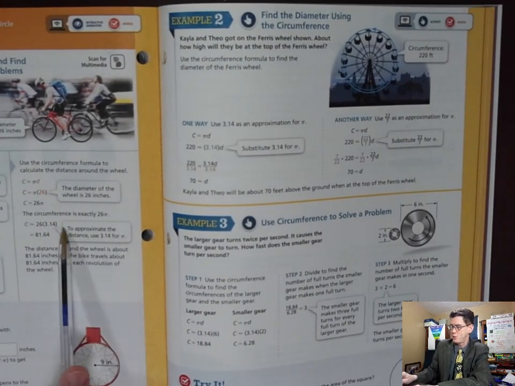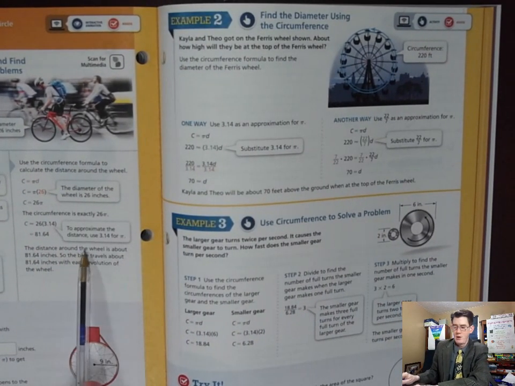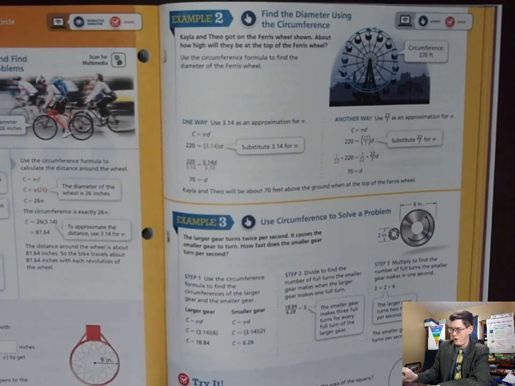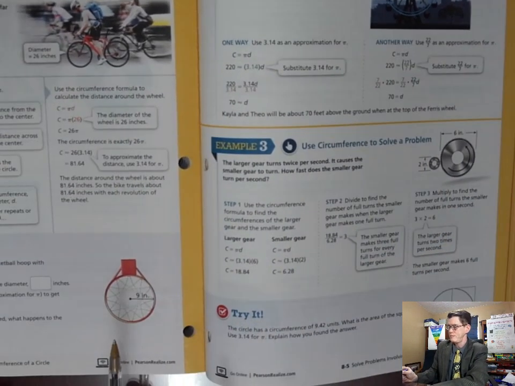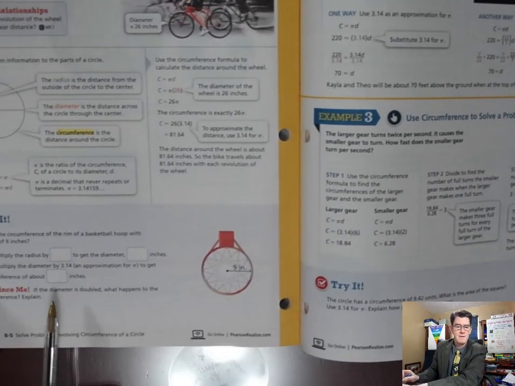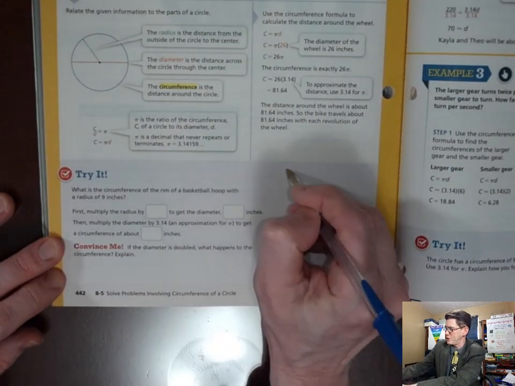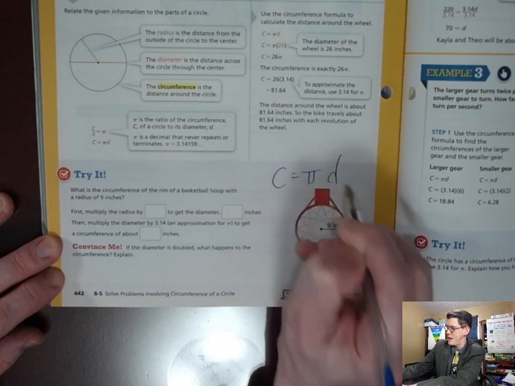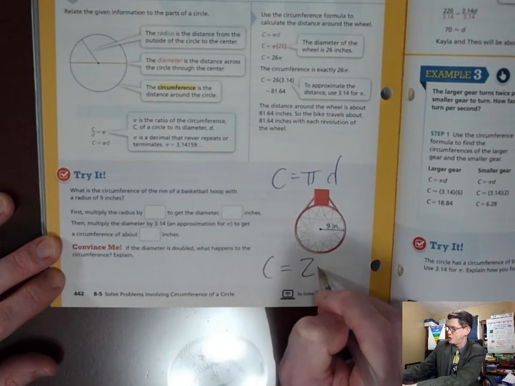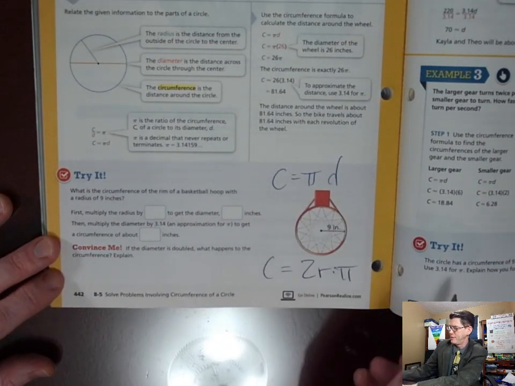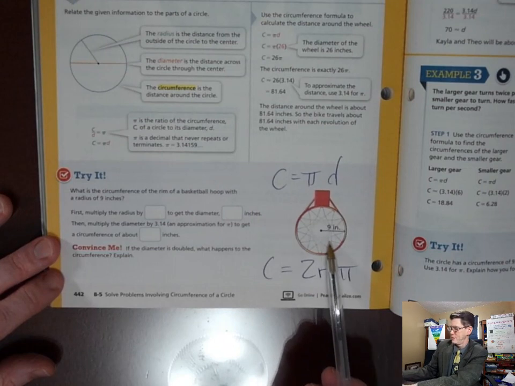They've got some problems worked out here. Right here, they're using 3.14. If I did the try it down here, what's the circumference of it? Well, the circumference equals pi times the diameter, or the circumference equals 2 radiuses times pi. Well, here's the radius.